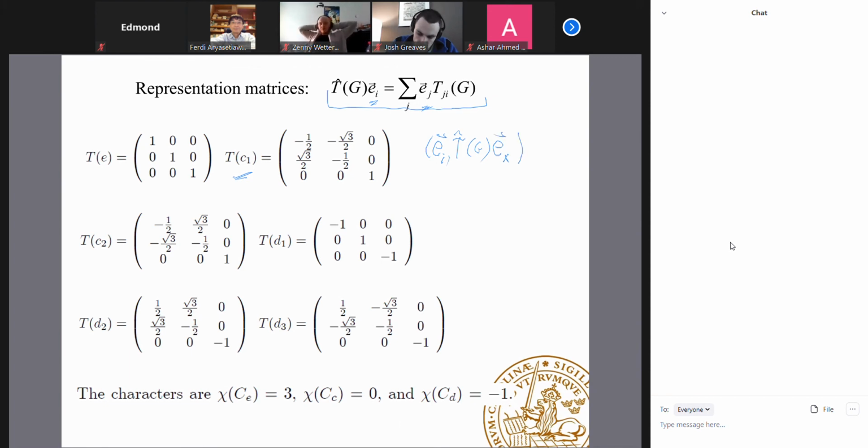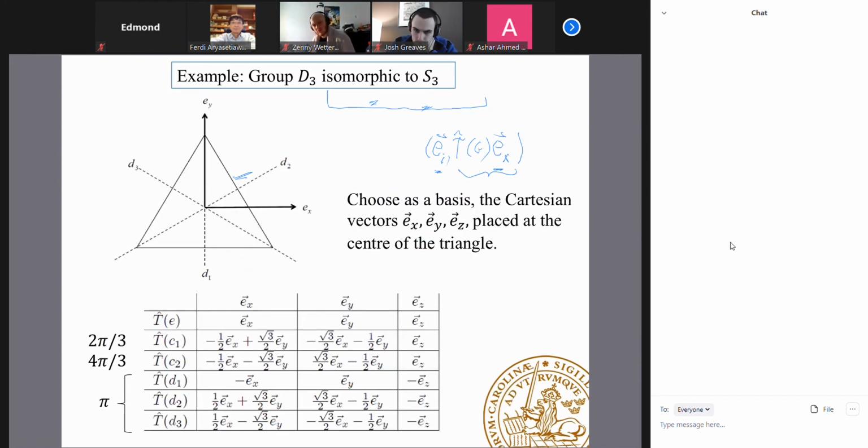Then it just picks up the coefficients of e_i of this vector here. We have already worked out here the effect of T_C1 on the various components. So we see that we get minus 1/2 and the square root of 3 upon 2.